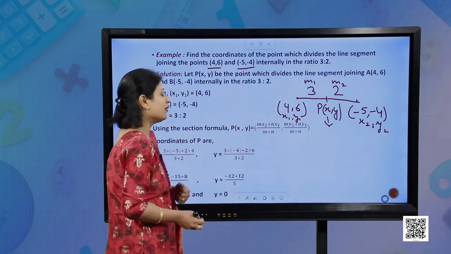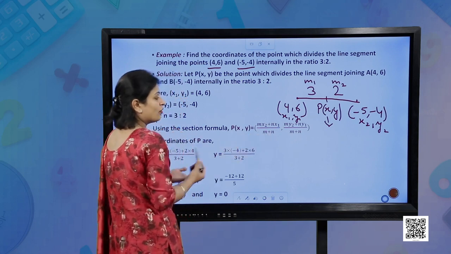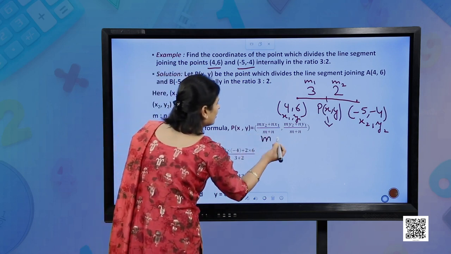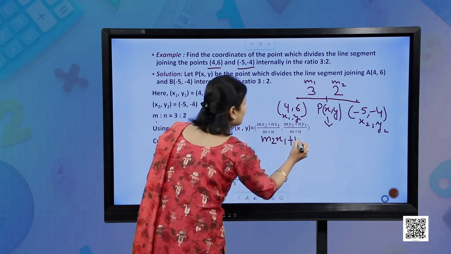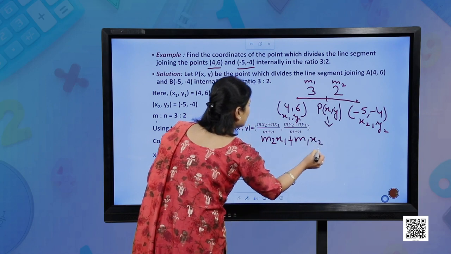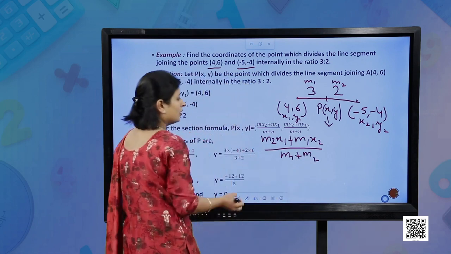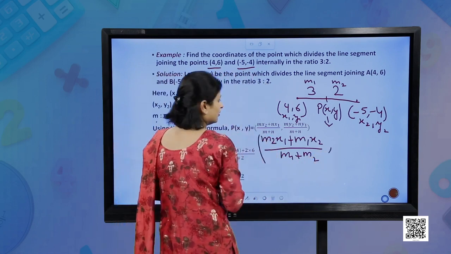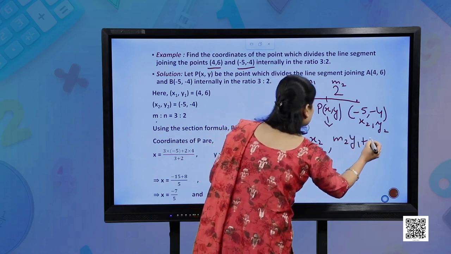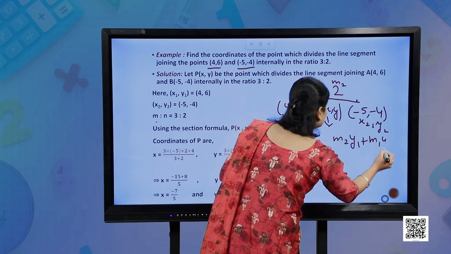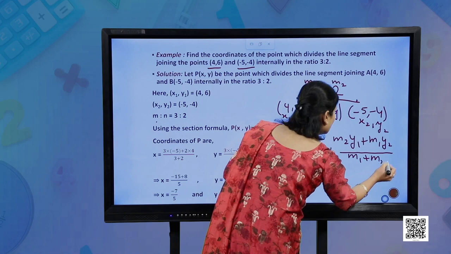Now, according to the section formula, we have (mx2 + nx1), or we can say (m2x1 + m1x2) divided by m1 + m2, and for y we have (m2y1 + m1y2) divided by m1 + m2.